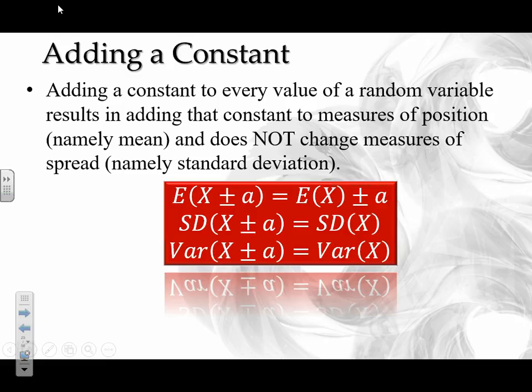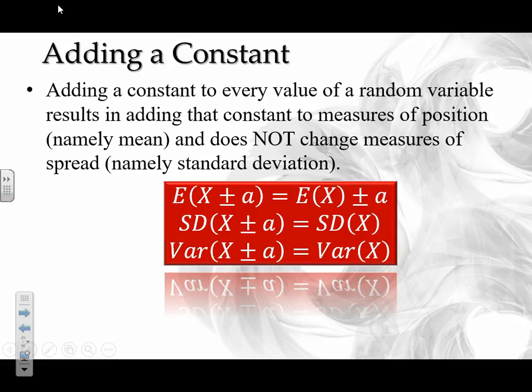Okay? So what these are saying, if I take my random variable x and I add or subtract a constant, my new mean, my new expected value, is simply the old expected value plus or minus that same constant. If I take my random variable and I add or subtract, my standard deviation is simply the standard deviation it was before.